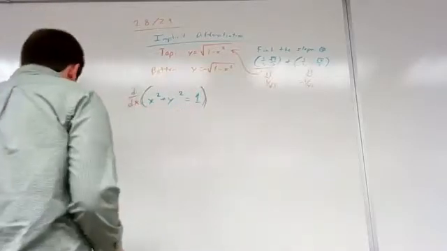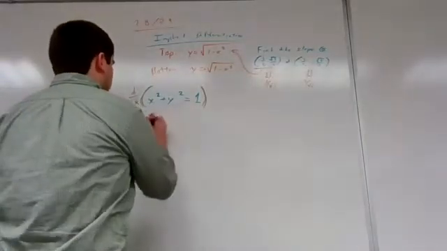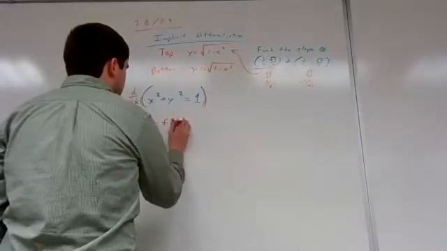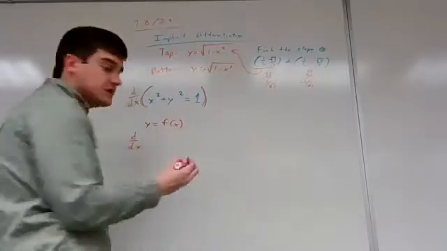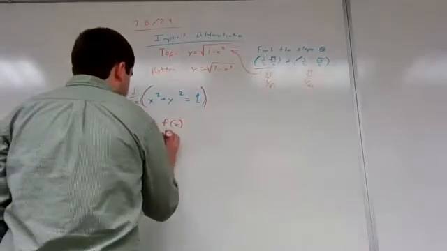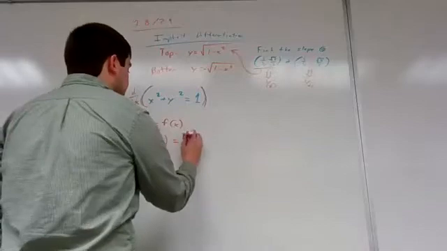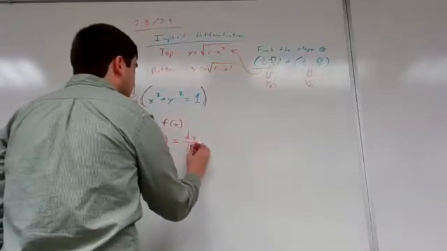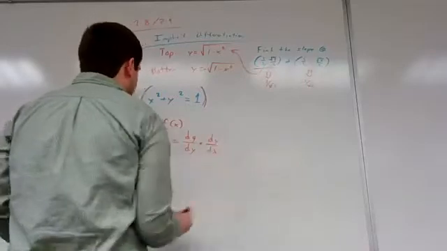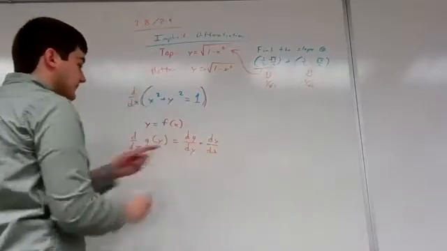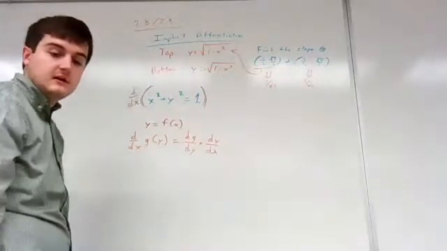So what I'm saying is that if y is f of x, and I'm taking the derivative of a function of y, let's say g of y, then this is the same thing as the derivative of g with respect to y times the derivative of y with respect to x. I just multiply by the derivative of the outside.